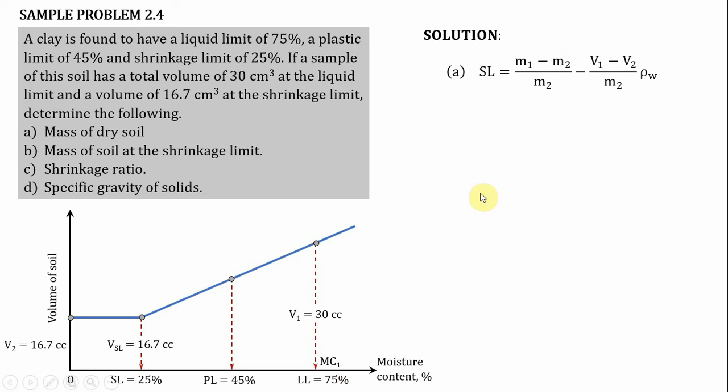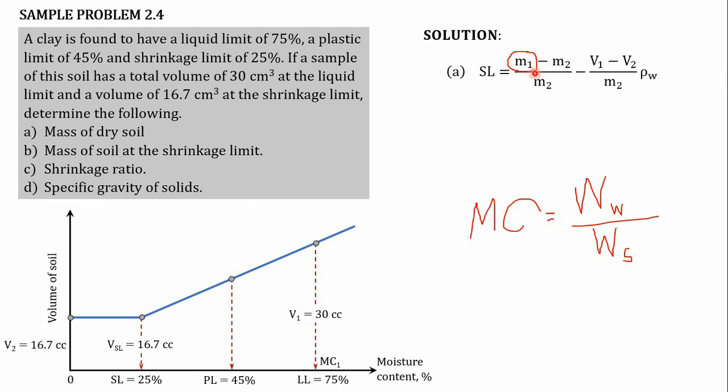When we say moisture content, it is equal to weight of water divided by weight of solids. Our M1, class, is the mass of soil at natural state. When we subtract the mass of dry soil, what is that?